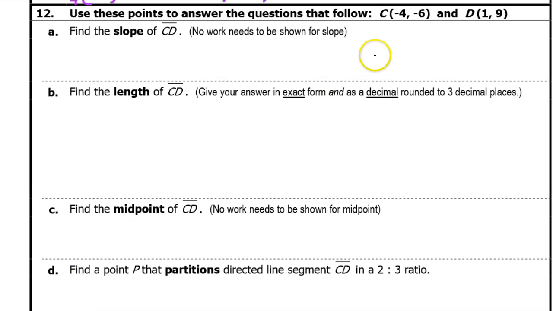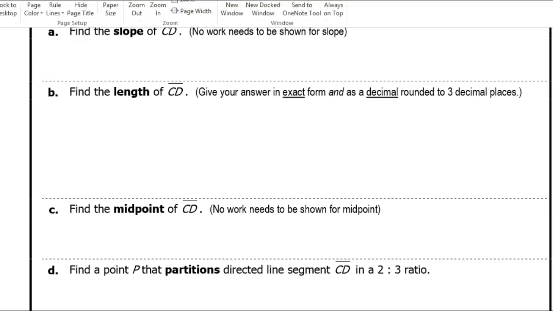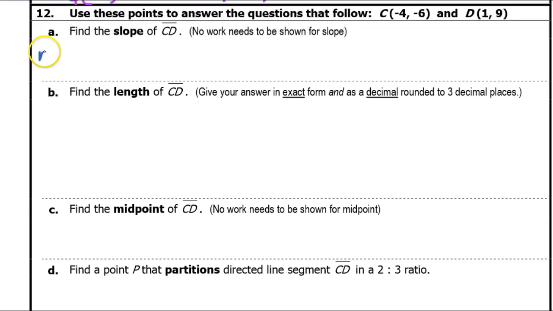All right, let's do all that fun stuff one more time with a new segment, segment CD. So let's first find the slope. All right, so the slope we decided was y2 minus y1 over x2 minus x1. So y minus y, that's going to be 9 minus -6.